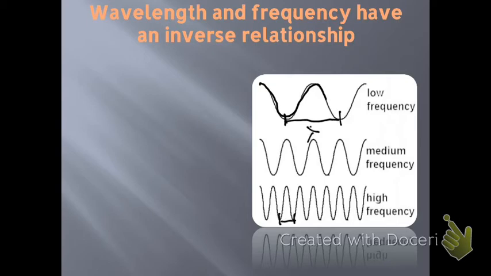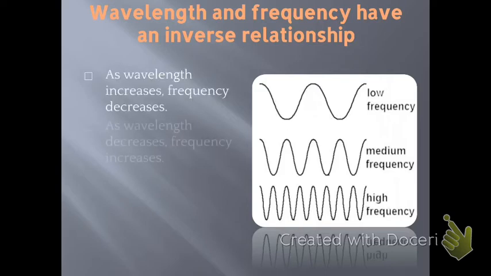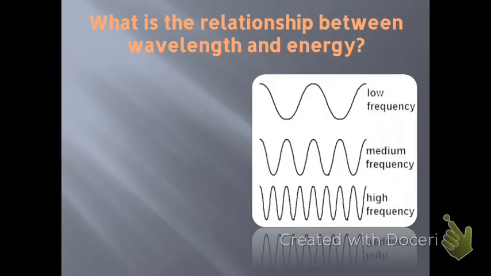Here's one wavelength, here's another, and you'll notice as frequency increases, wavelength decreases. As frequency decreases, wavelength increases. We call that an inverse relationship. When one goes up, the other goes down. As wavelength increases, frequency decreases. As wavelength decreases, frequency increases.